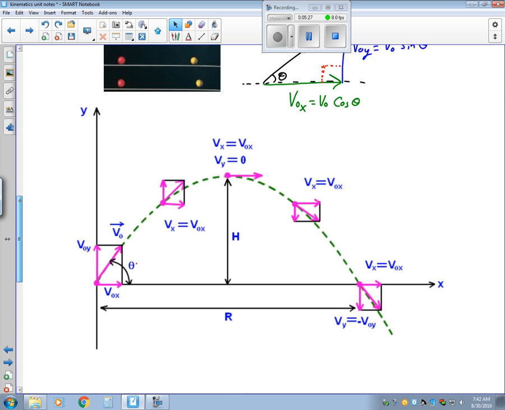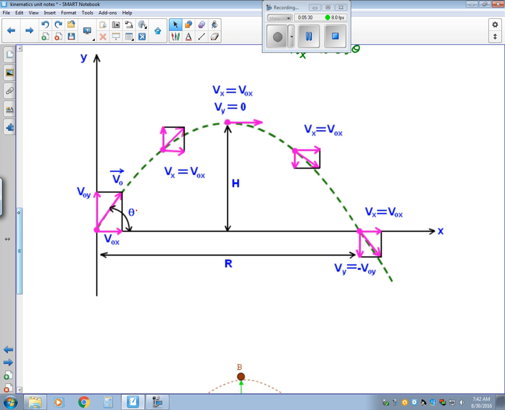So then, looking at this, our range really is the same thing as x. So for the x, or the horizontal component, we have that.